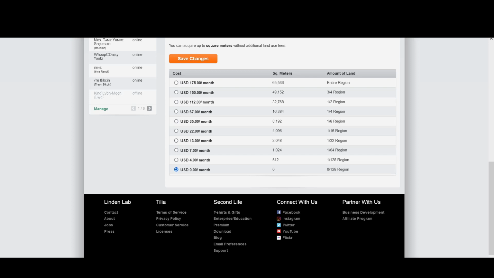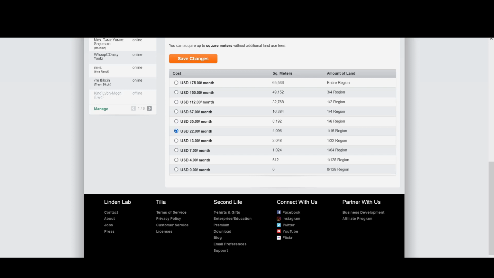We could have been at the $13 level, but we would have to take the $22 a month level because we are over that 2,000 square meter limit.